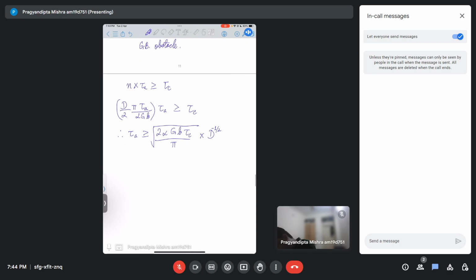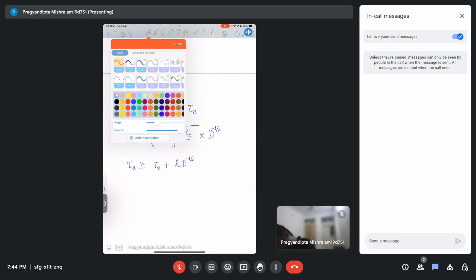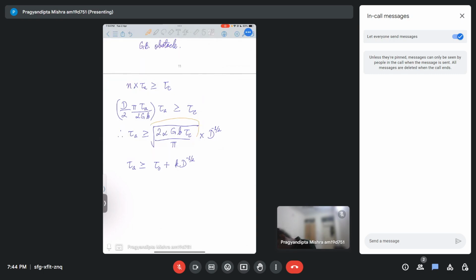So I can rewrite that as tau A should be greater than or equal to tau naught plus k times d to the power minus half, where k is basically representing this portion, and tau naught is the friction stress needed to move the dislocation.